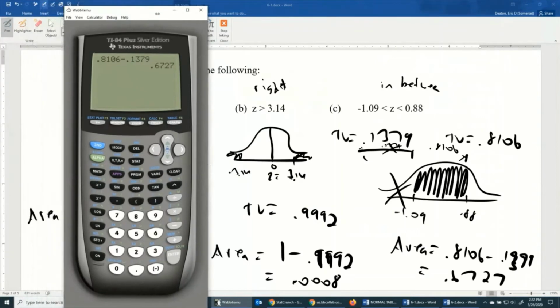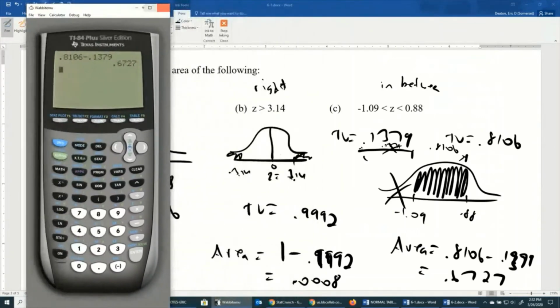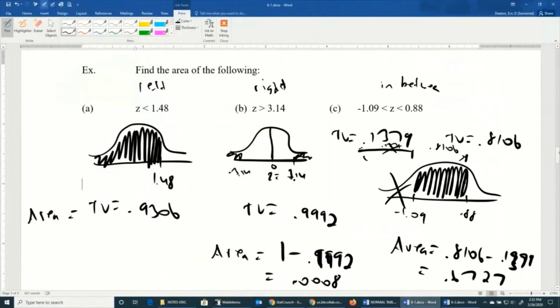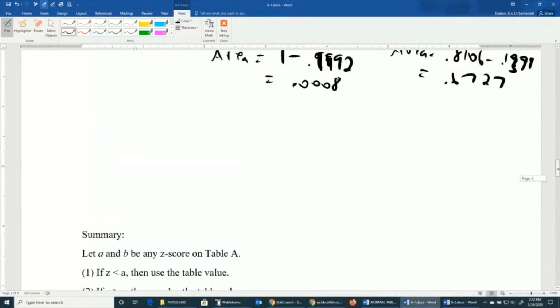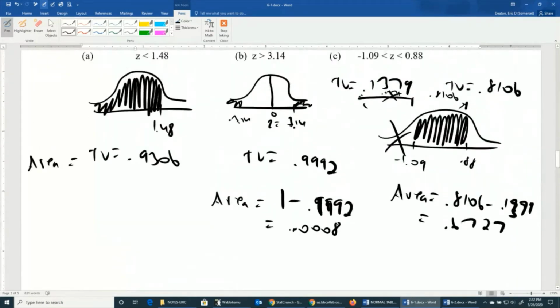By the way, to summarize, if you're using z values, if it's less than, it's just a table value. If it's greater than, it's 1 minus the table value. And if it's the in-betweener, you find each table value and then you subtract right minus left, or bigger minus smaller. Big minus small is probably the best way to think of it.